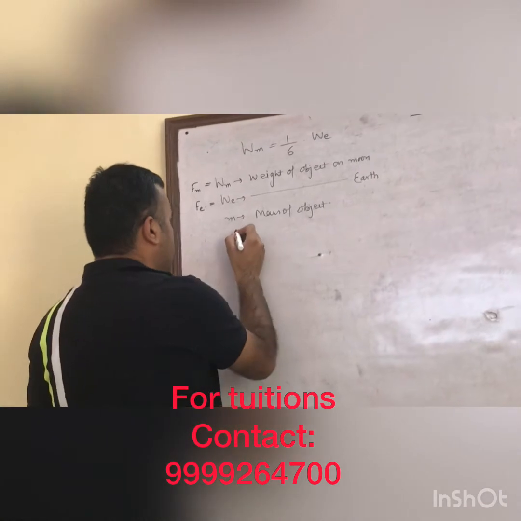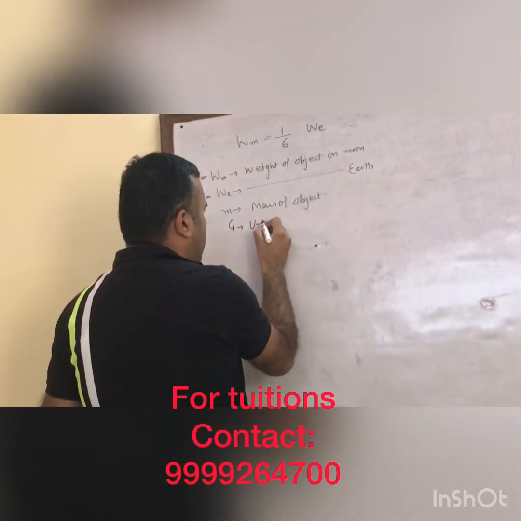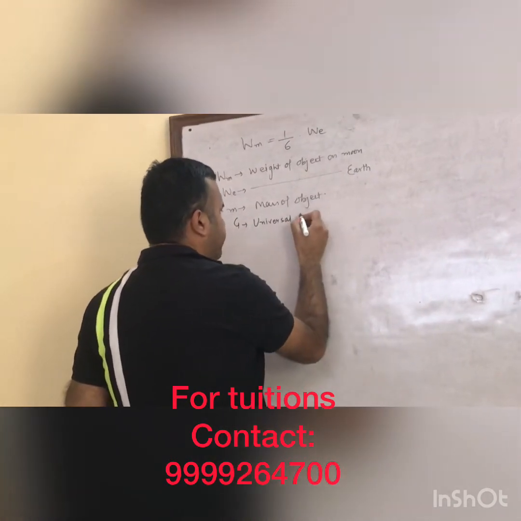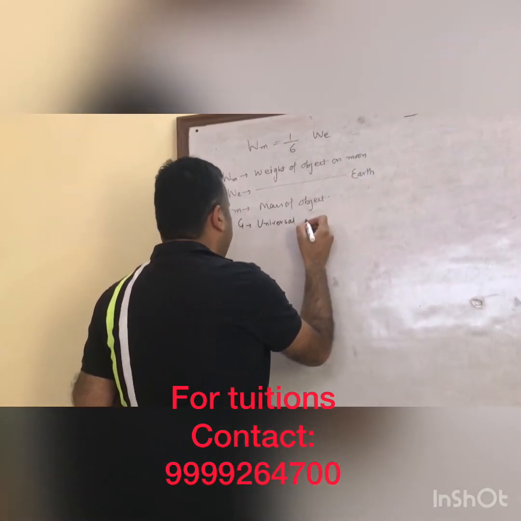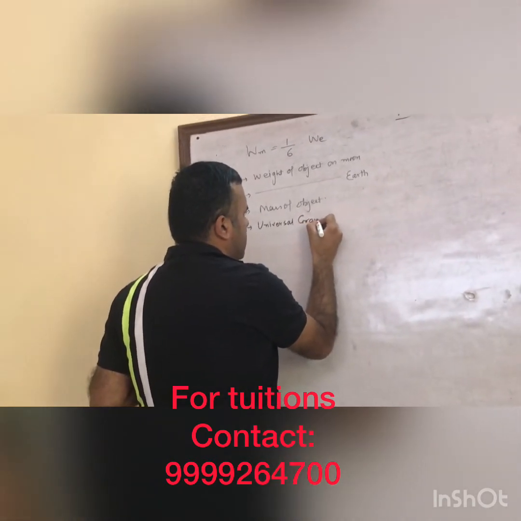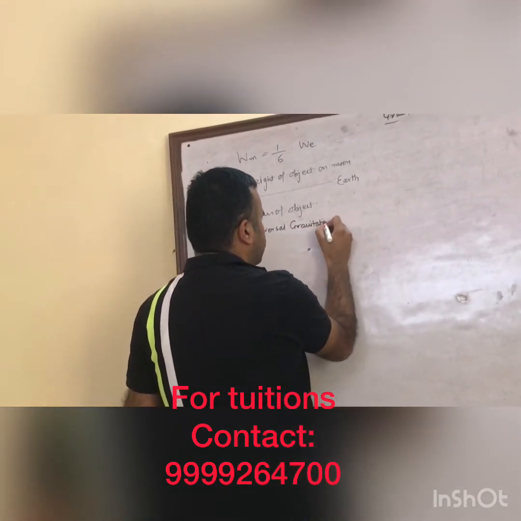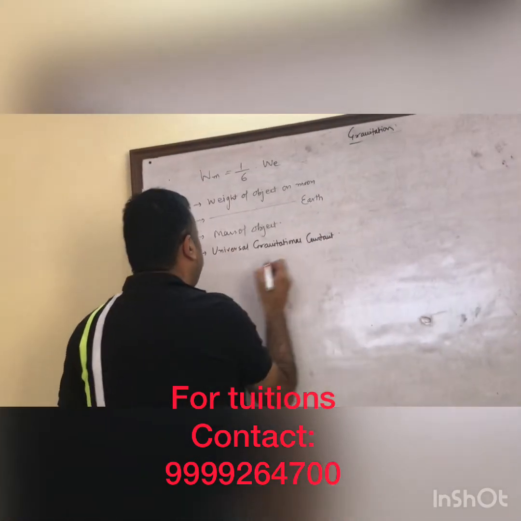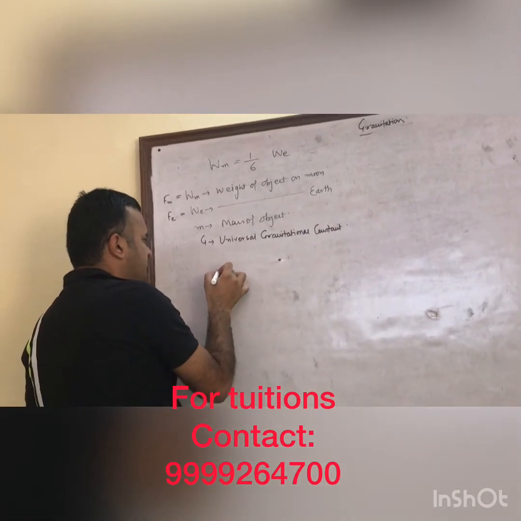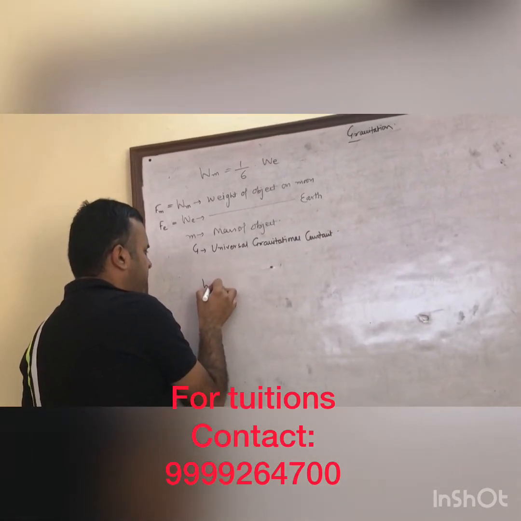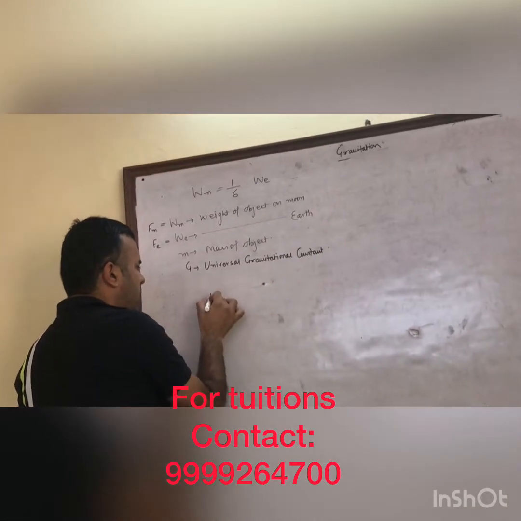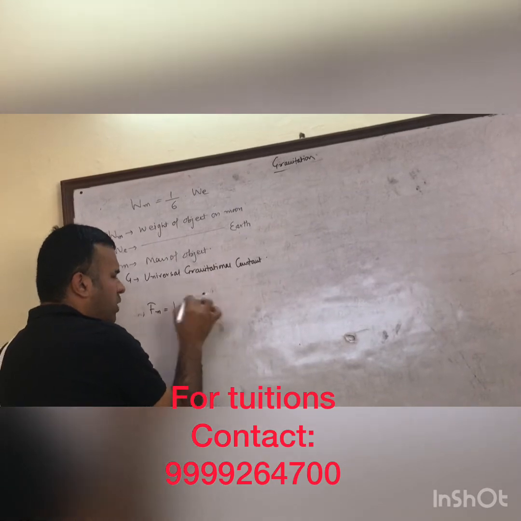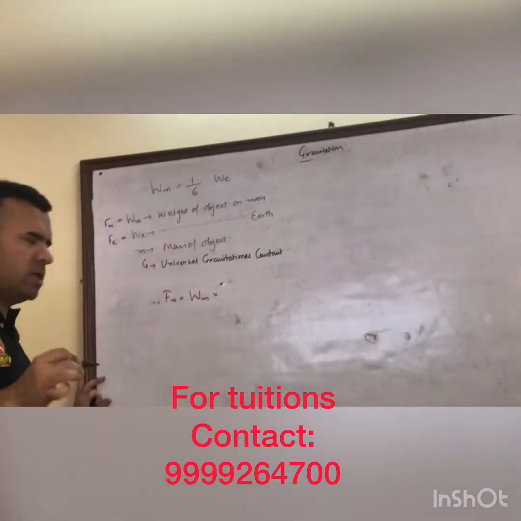Capital G is universal gravitational constant. Already you know its value is 6.67 into 10 to the power minus 11 Newton meter square per kg square. Universal gravitational constant, it is also same. Okay, class. Now, first of all, force on moon and weight of object on moon, you know the formula of F, G m1 m2 by R square.